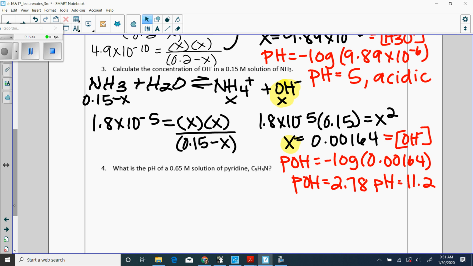And then when you're done with that one, do number 4 with your battle buddy. Practice writing the equation. You're going to have to look up the KB again. I didn't type it in again.